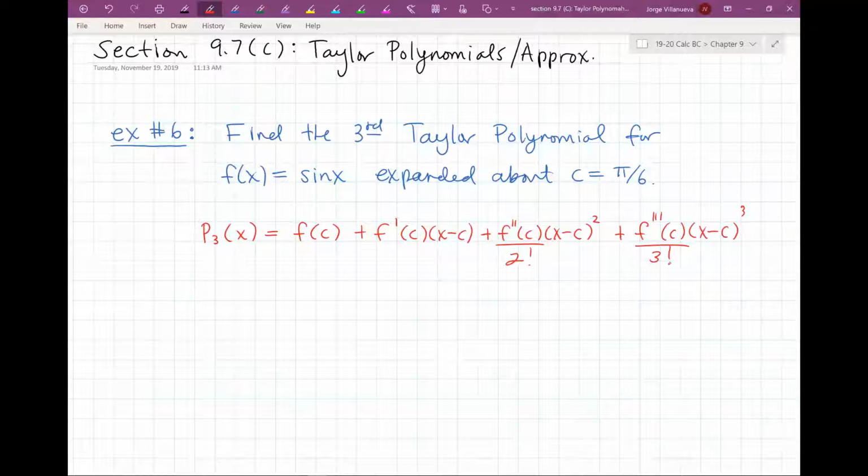All right, so I write out the general definition because that gives me direction, okay? It tells me the direction I have to go.